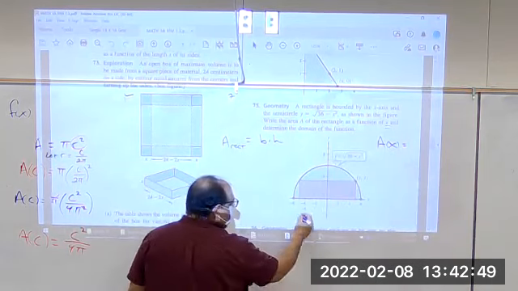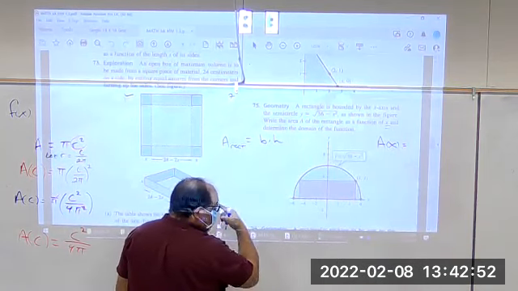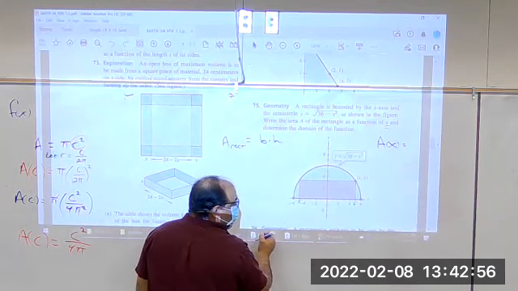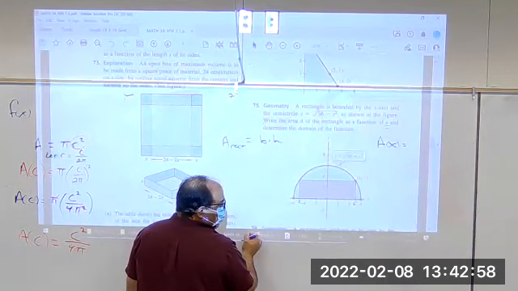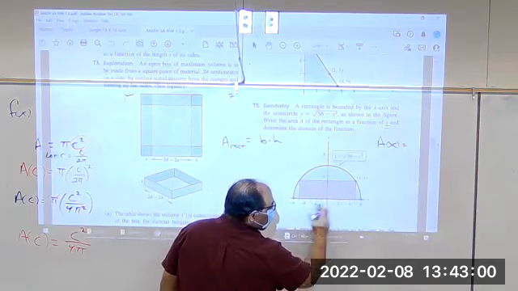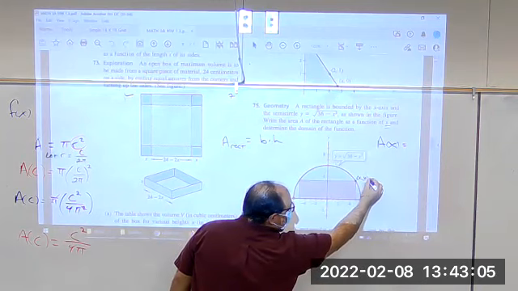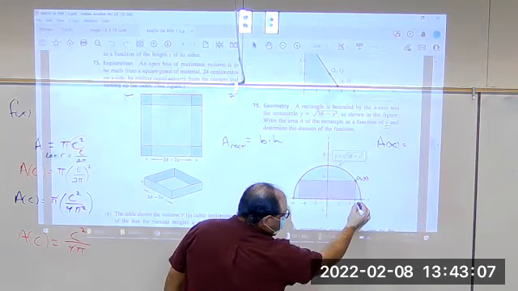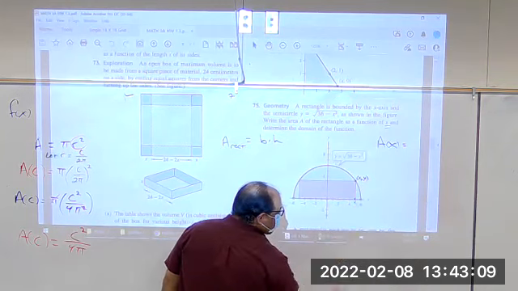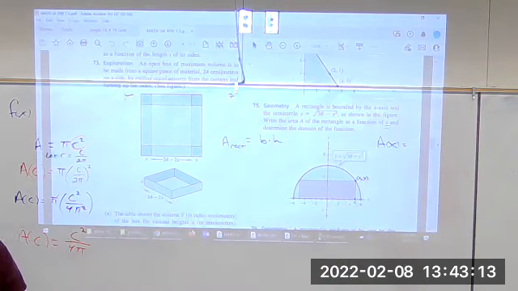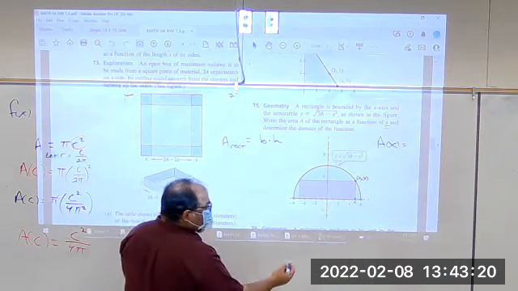Just because it looks like it's at -5 over here and +5 over there, they're not. Right here, it tells you that this ordered pair is (x, y), which means that x value is just some x. And that's what it's supposed to be because you're supposed to write the answer in terms of x.